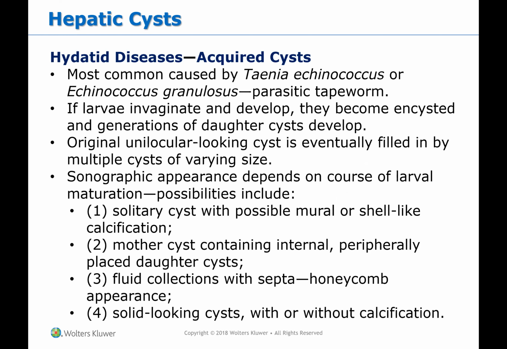So the original unilocular looking cyst is eventually filled by multiple cysts of varying sizes. Sonographic appearance depends on the larval maturation. Possibilities include a solitary cyst, a mother cyst containing internal peripheral daughter cysts, fluid collections with septa, a honeycomb appearance, or solid looking cysts.